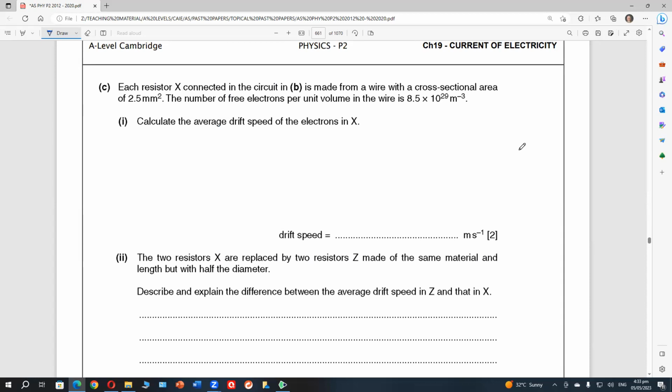Each resistor X connected in the circuit is made from a wire with a cross-sectional area. The number of free electrons per unit volume is this. It means this is N, this is A. He's asking for current.